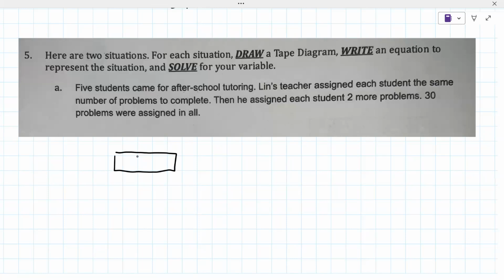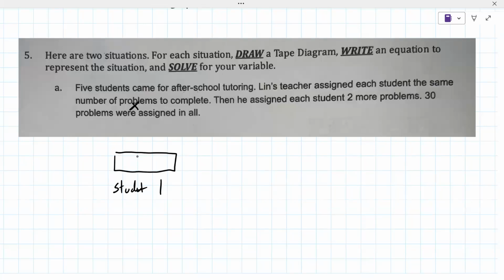Okay, so it says 5 students came for an after-school tutoring. Lynn's teacher assigned each student the same number of problems to complete. So we're going to call the problems X. So student 1, how many problems did student 1 complete?